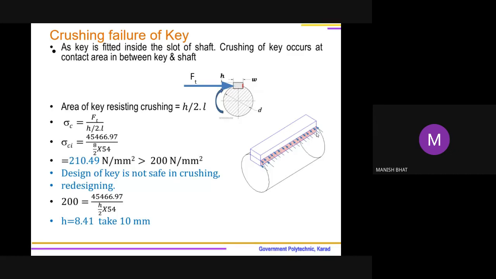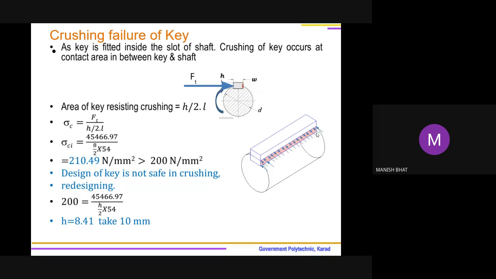We are supposed to redesign it. Redesign means what? I will be finding a new dimension h. My limiting crushing stress is 200, that is equal to the force causing crushing, that is tangential force, upon H, which is unknown, H upon 2 multiplied by length of key, that is 54.